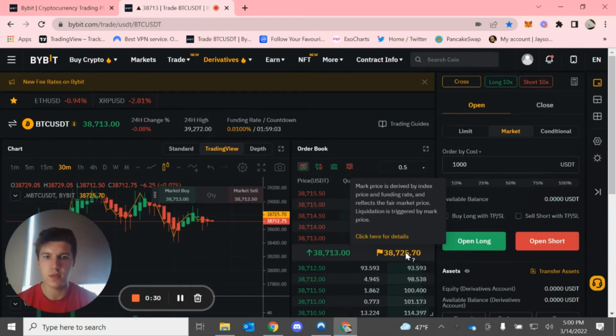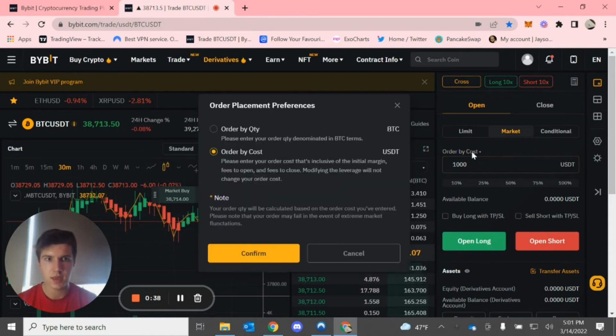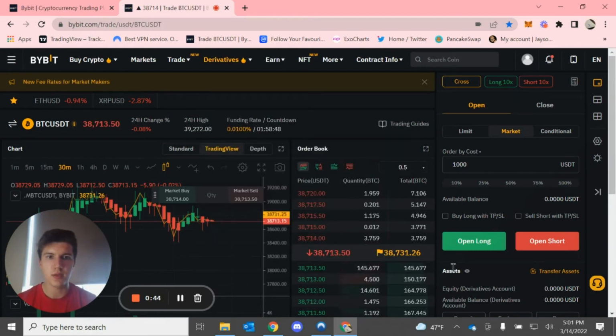And so you would have entered on this right here. So if you would have done a market order of any amount, again, you can change back and forth between Bitcoin and Tether. But if you do open a long here, it'll put you in at this price. So just something to keep in mind.